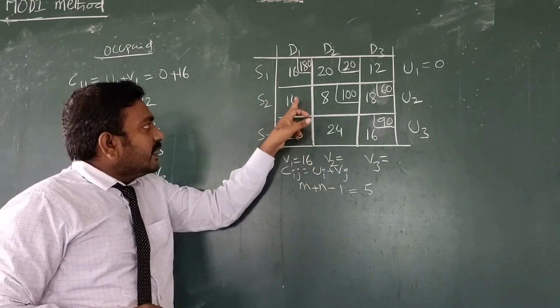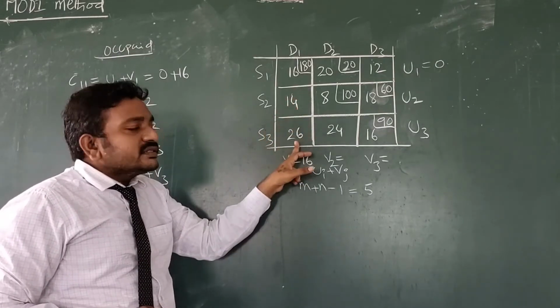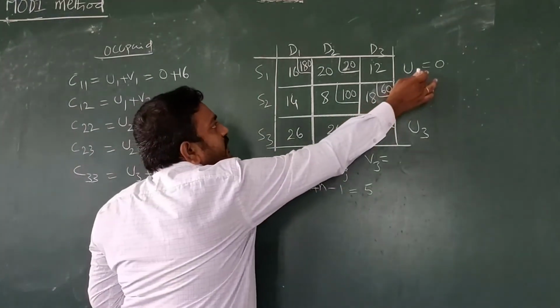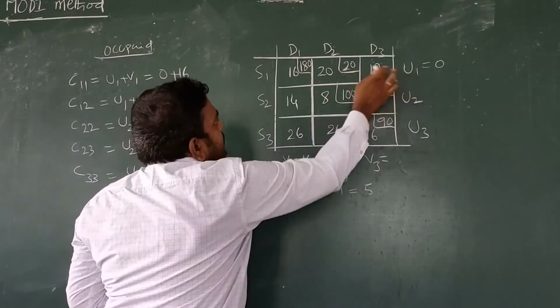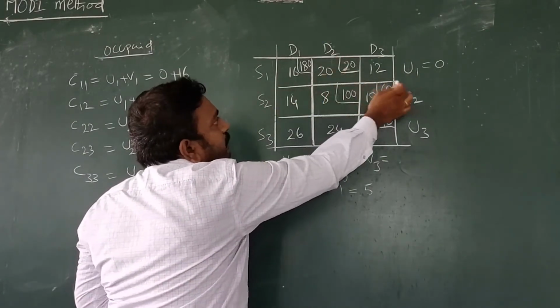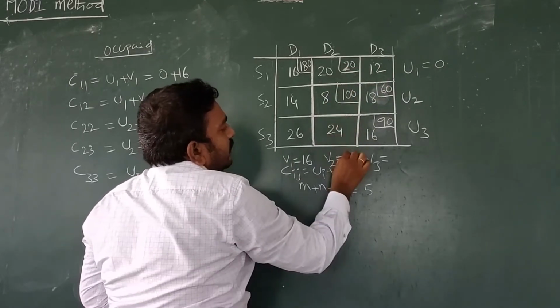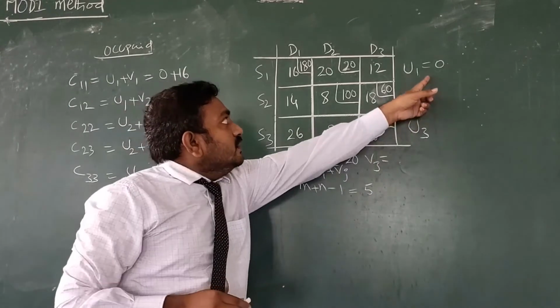This V1 may not be useful anywhere else, just because this 14 and 26 are non-allocated cells. Now move on. With this U1 value, you can fill another value, that is S1 D2, U1 related, and this one is also 20. 20 plus 0 equals 20.